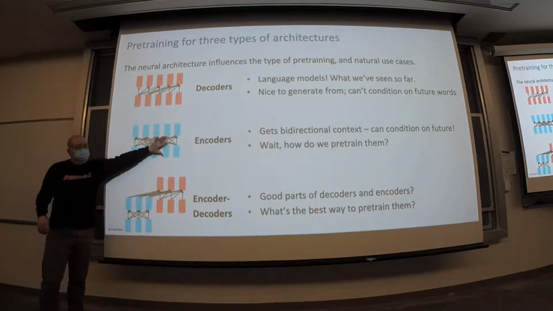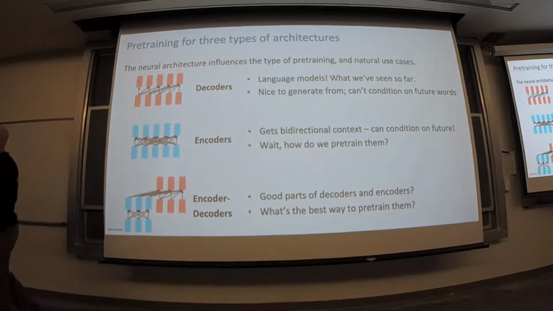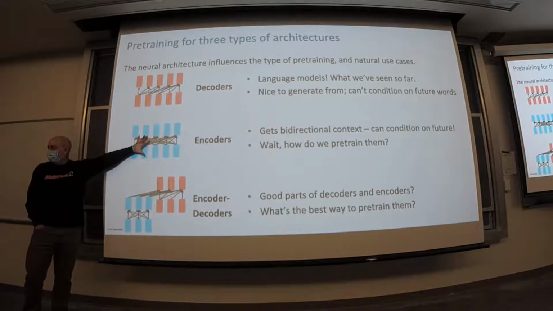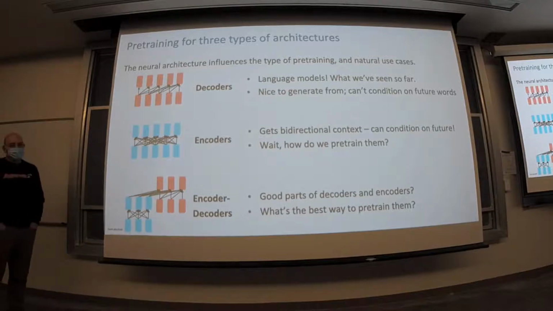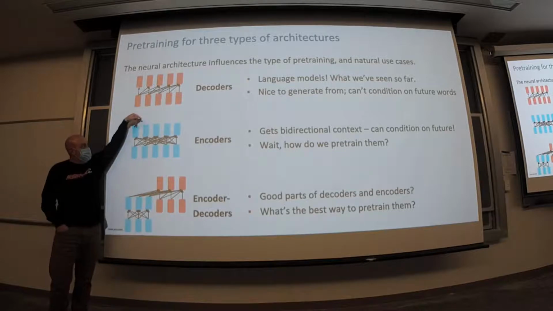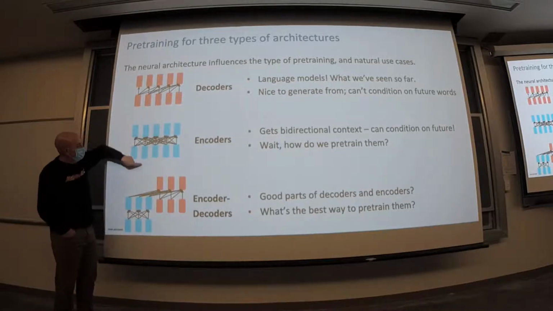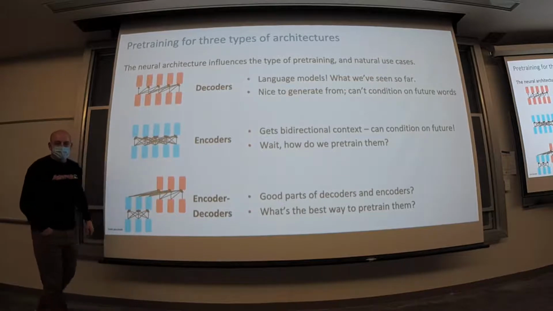Any thoughts on what's going to be weird about just using the encoder to do the fine-tuned task? What's the output? The output is, for each token that you input, a final encoding or embedding of that.